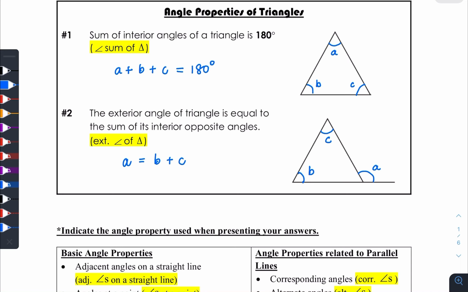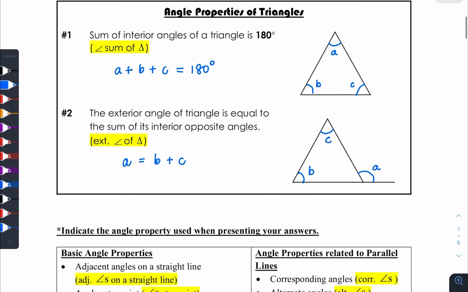It is because 180 minus B and C will form this angle over here, and 180 minus A will also be this angle. So when you compare, A is equal to B plus C. Okay, so this is actually a shortcut to what we normally do when we have angles along a straight line when we deal with triangles. So later you can see it's actually a shortcut.